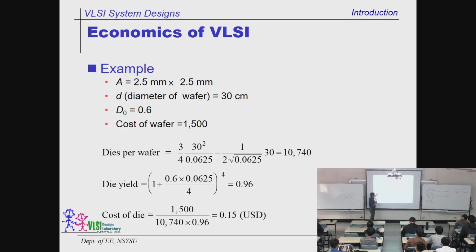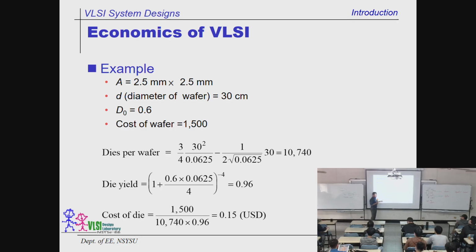So check this one. The dies per wafer will be over 10,000. Wow. Check this out, 10,000, compared to the 660 that we showed. Then the yield will be close to almost 100%. It's 96%. The bigger the die, the higher the chance that the chip will fail. So make it smaller, and you have a higher chance that the die is good.